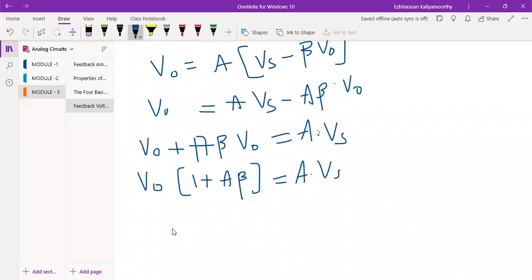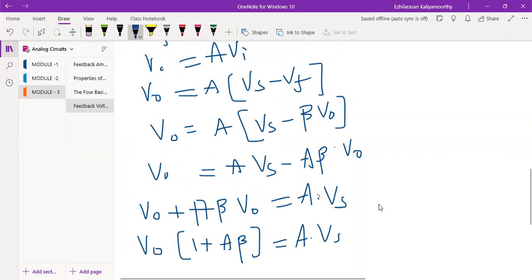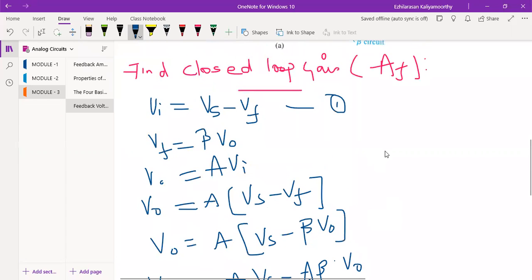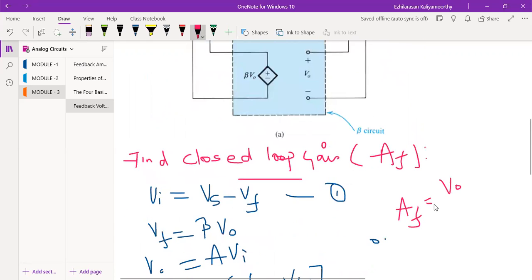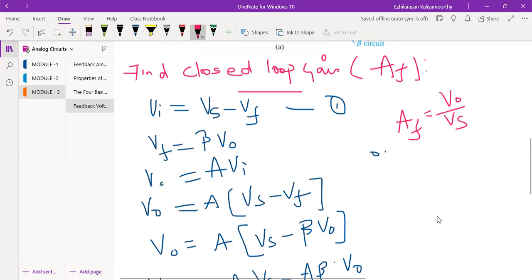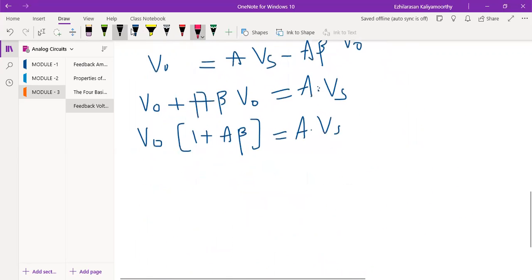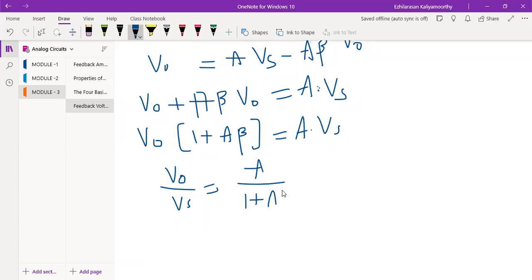So what is the gain actually? AF is nothing but the feedback gain, output by input, V naught by VS. So V naught by VS is equal to A divided by 1 plus A beta.